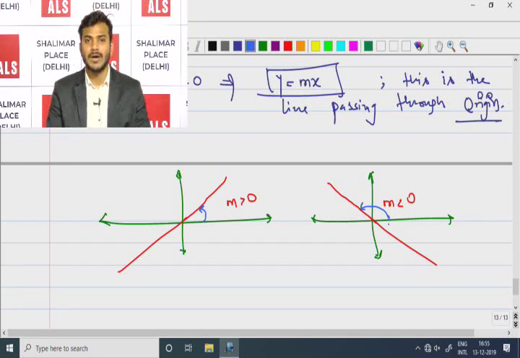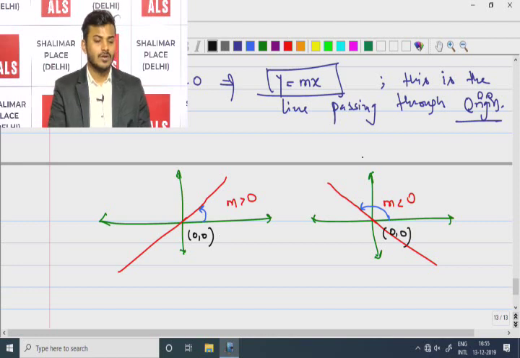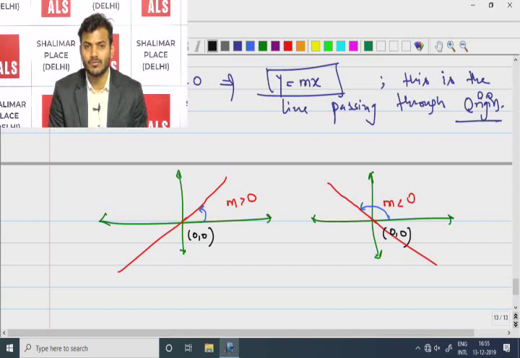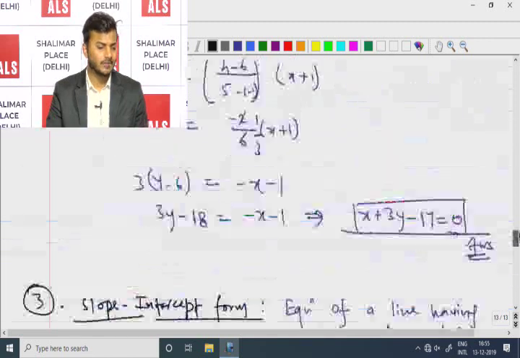Alright? Passing through origin. So remember from now onward that any line which is passing through origin will be independent of C. Right? There is no constant, there is only the y equals mx part.